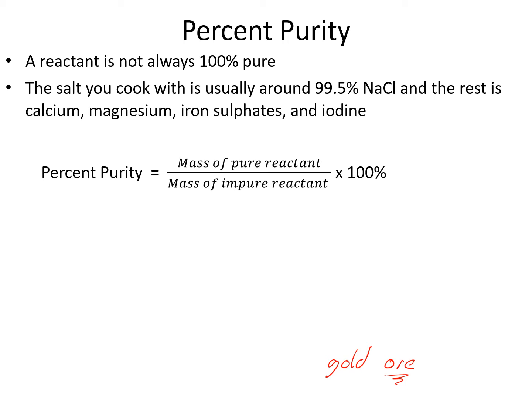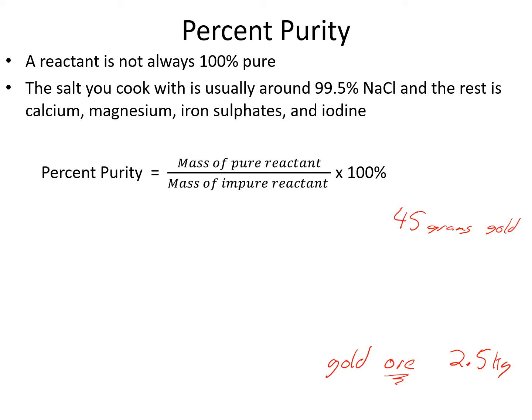Let's imagine you had a chunk of gold ore, and the gold ore weighed 2.5 kilograms. Now the amount of gold that is in that 2.5 kilogram rock is, say, I don't know, let's say 45 grams. So you had 45 grams of gold inside this gold ore.